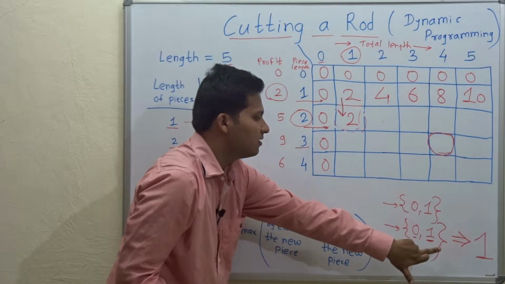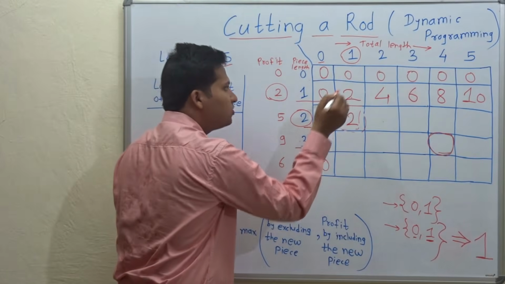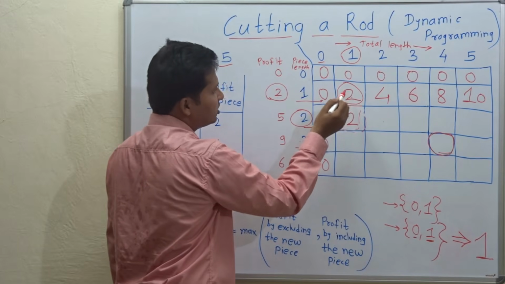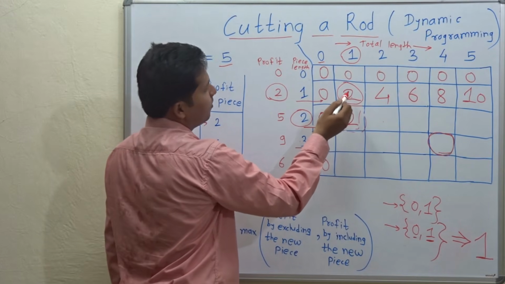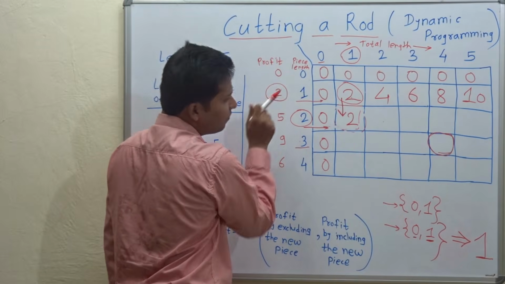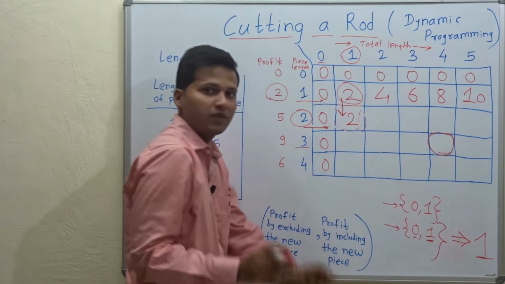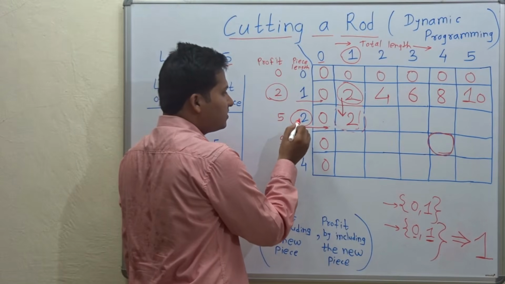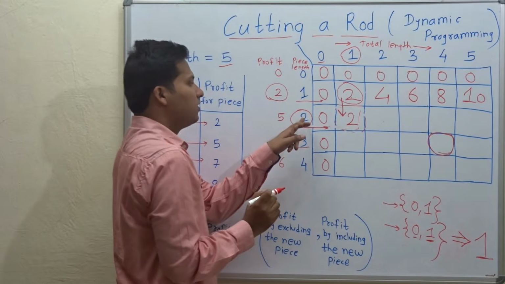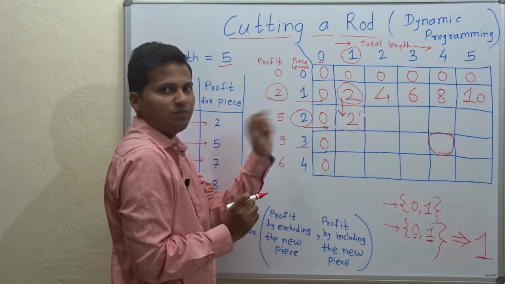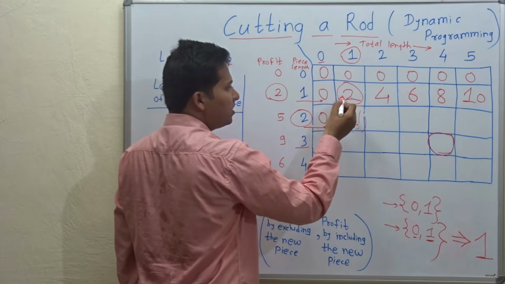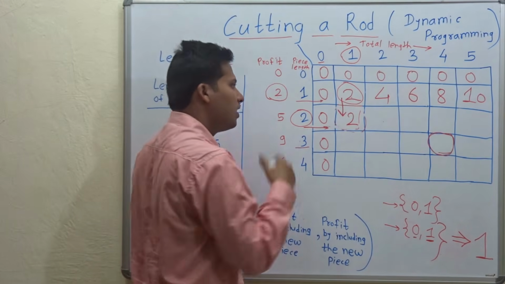And this answer you can get from the above cell also, because the above cell mentions the profit for making a total length of 1 by using pieces of length 0 and 1, which is the same. Yes, because this piece 2 was not useful to make 1, we excluded this piece. Okay, so we copied the value from the above cell. Let's go ahead.